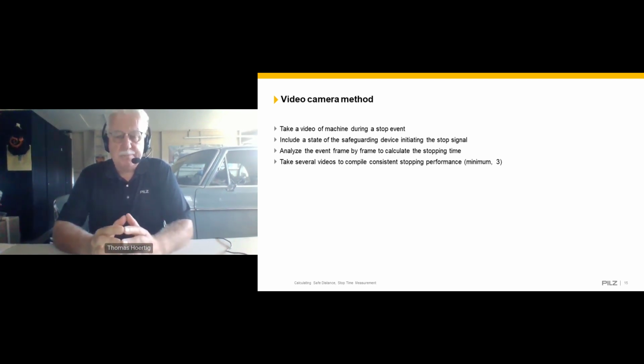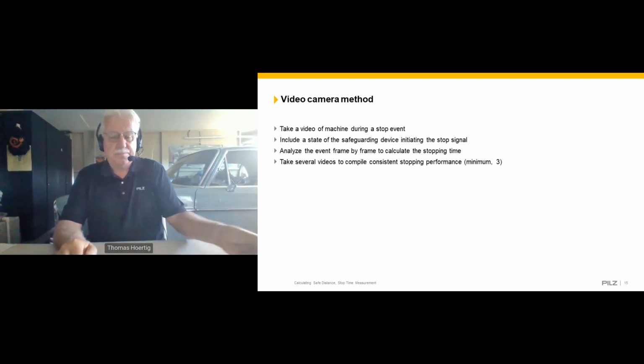In the view, you have your presence sensing device, for example the light curtain, and the area where you can see the LEDs, the red and green, and you have a good view of your machine with all the motions. And you will take a video. Then you analyze the event frame by frame to calculate the stop time, and take several videos so that you have a consistent stop time performance. So take at least 3 videos.